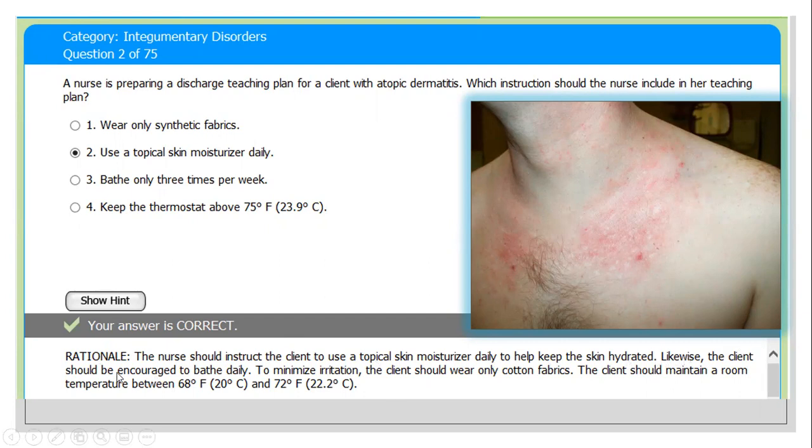Likewise, the client should be encouraged to bathe daily. Also, to minimize irritation, the client should wear only cotton fabrics. The client should maintain a room temperature between 68 degrees Fahrenheit and 72 degrees Fahrenheit.